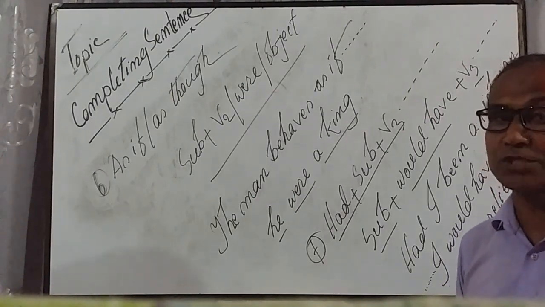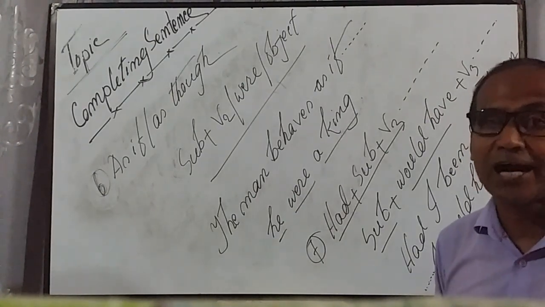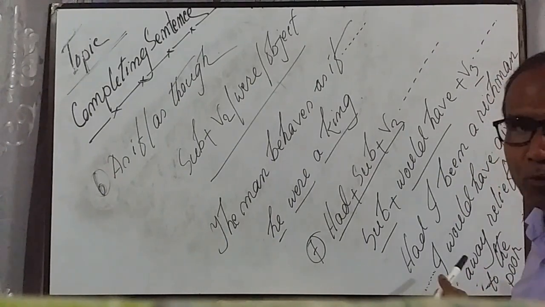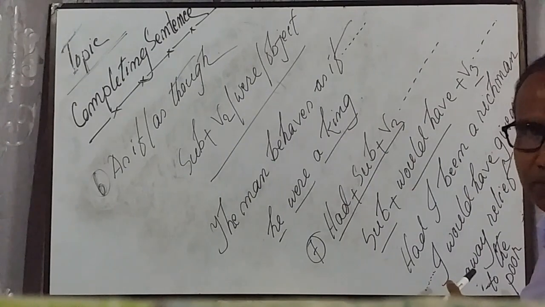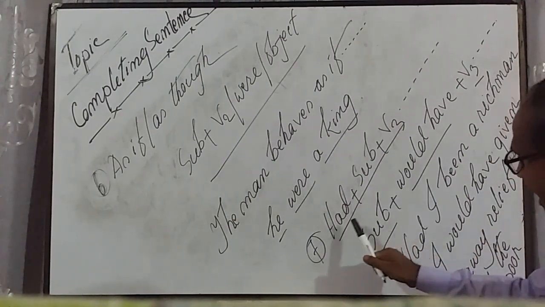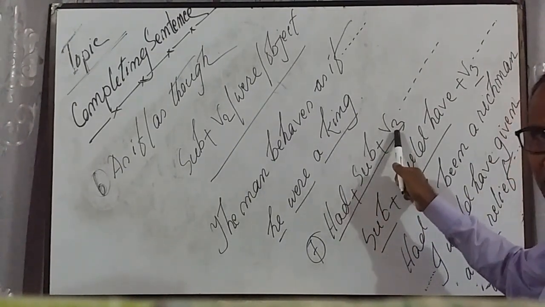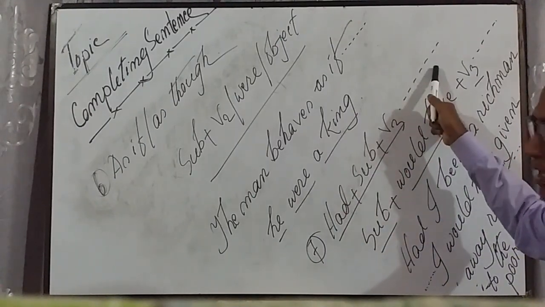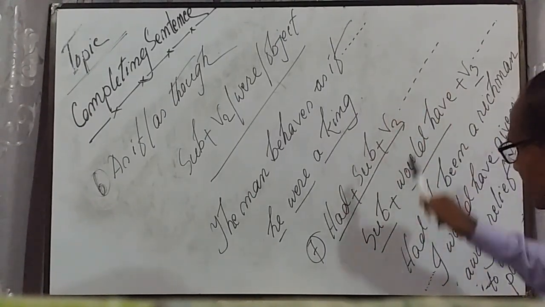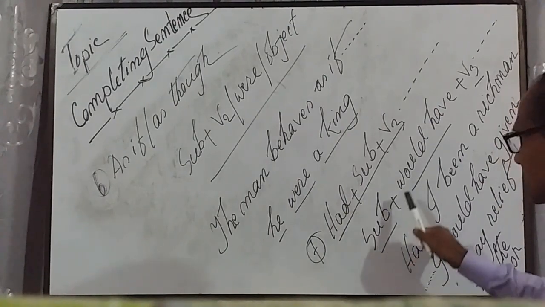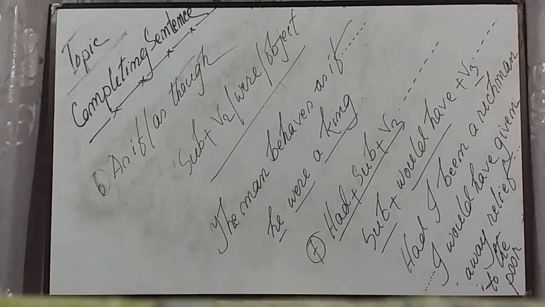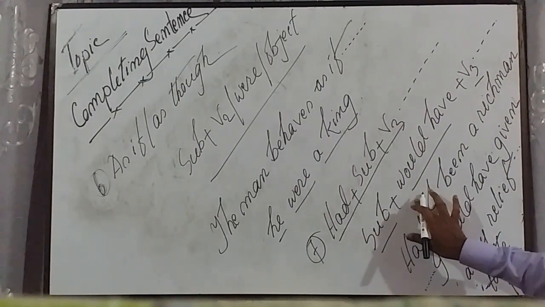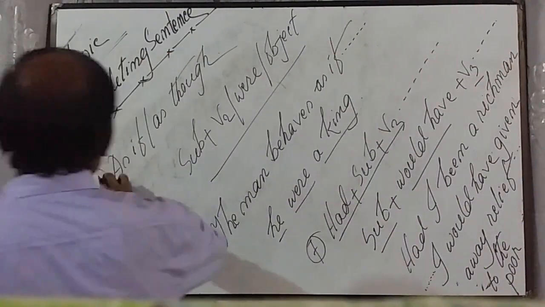But if I were a rich man, then definitely I would give away relief to the poor during this critical time, right? So the structure is had plus subject plus B3. Then you will have a gap, and in that very gap, you have to bring another relevant subject. Then mandatory would have plus B3, then extension. Is that clear to you?